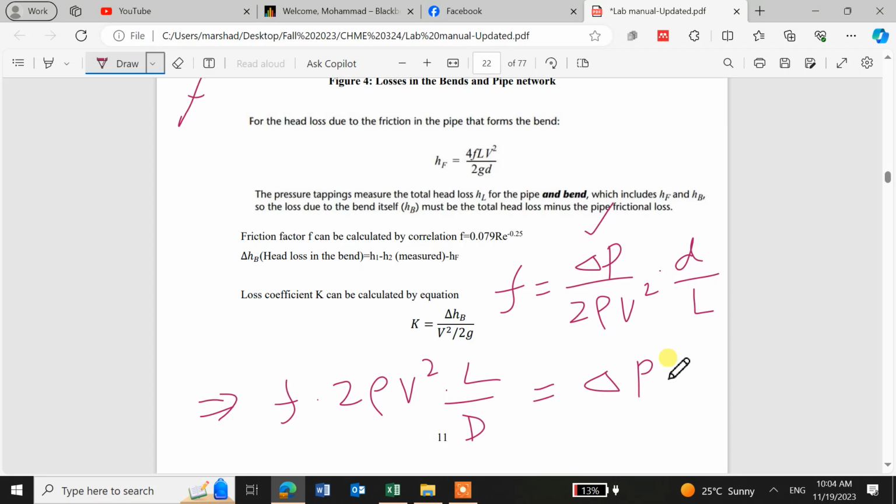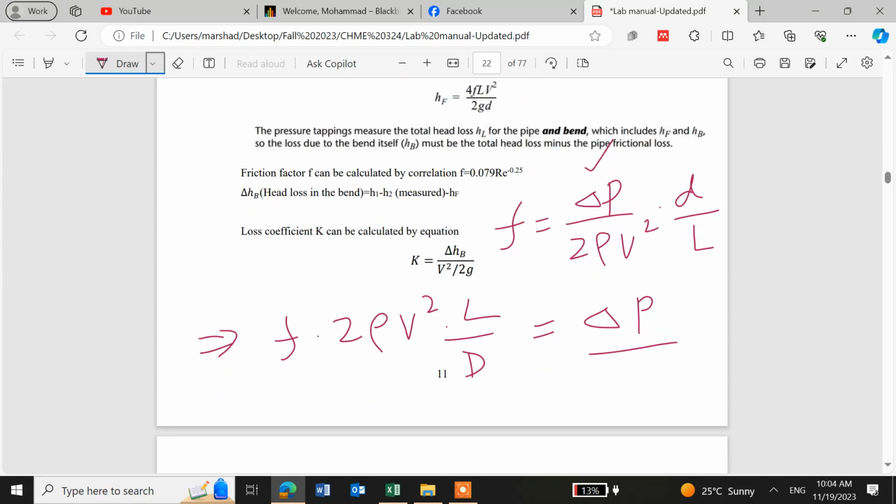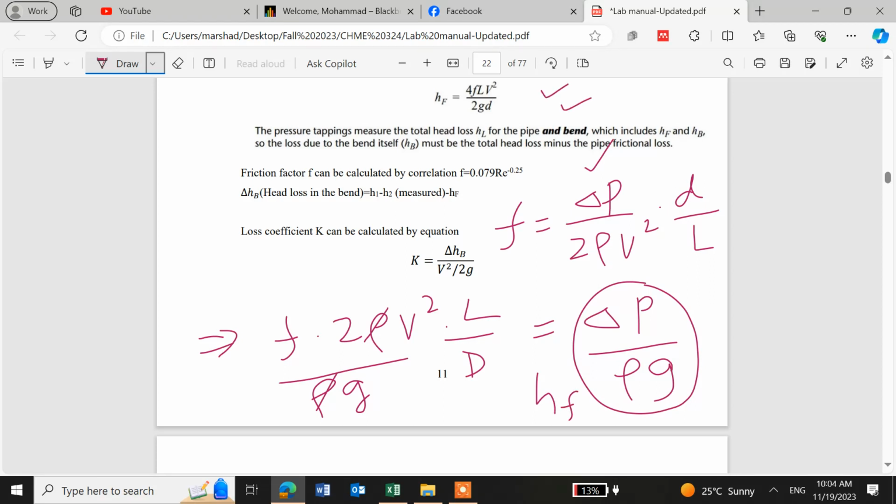And if you want delta H, we need to divide by rho g, so rho will cancel. This is the head loss in pipe, which is here.